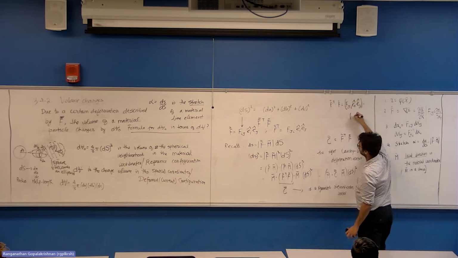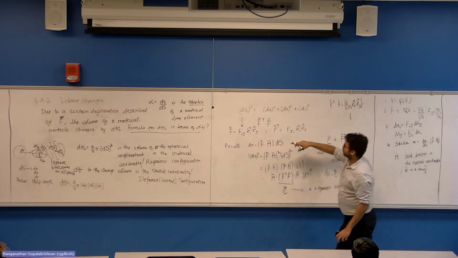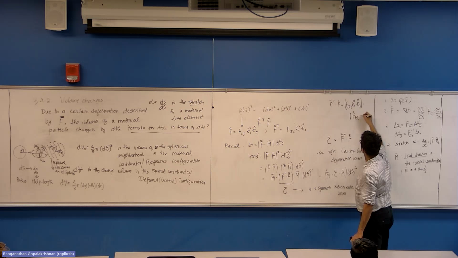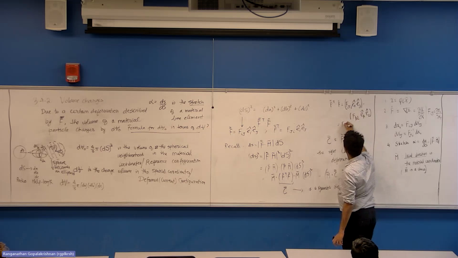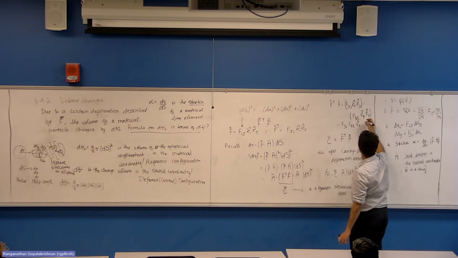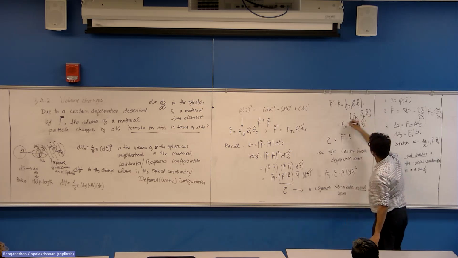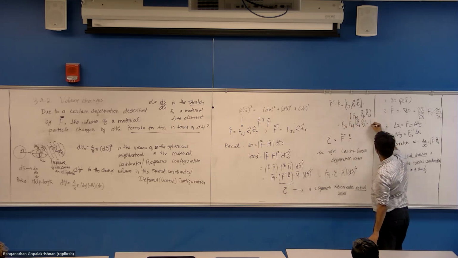Dot, I'll have to do F, but I can't use i because I've already used it, so I'll write this as Fkl Ek El. So this is Fji Fkl, Ei Ej dot Ek El.